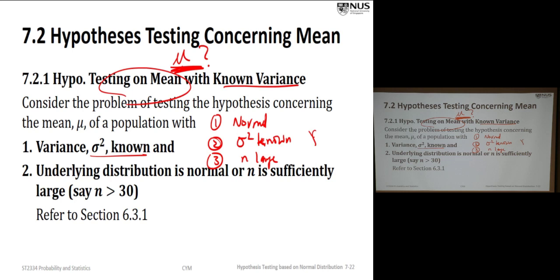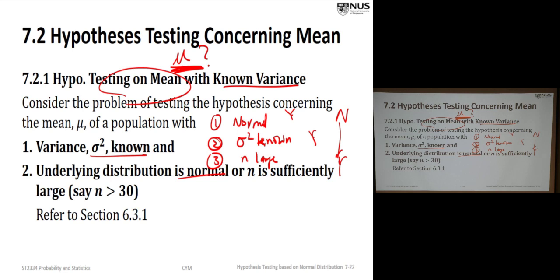If the underlying distribution is normal, yes, then it doesn't matter whether your sample size is big or not. And even if this is no, but if the sample size is big, then we can apply the central limit theorem and still be able to do it.